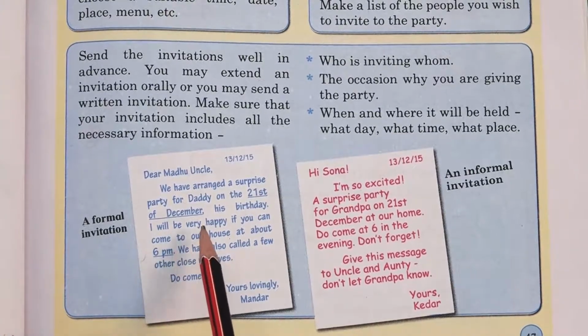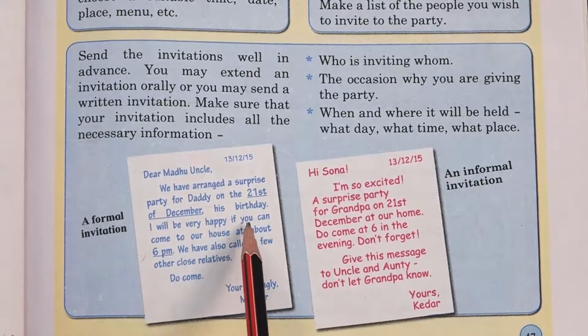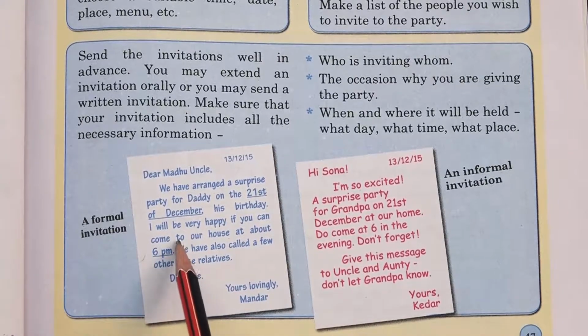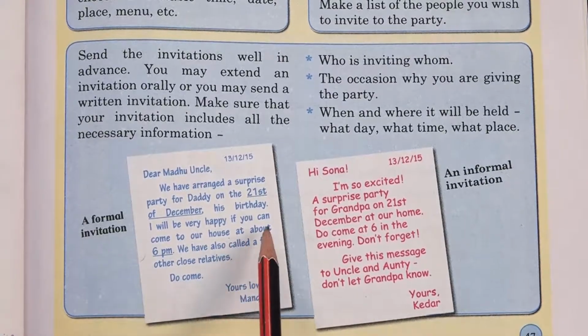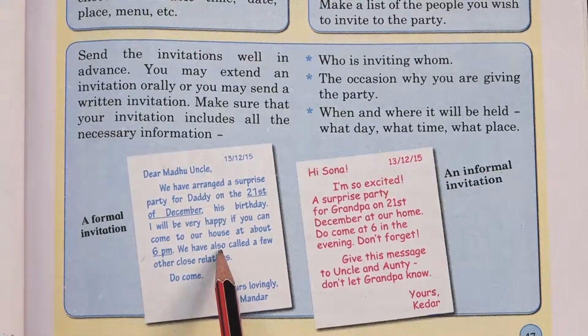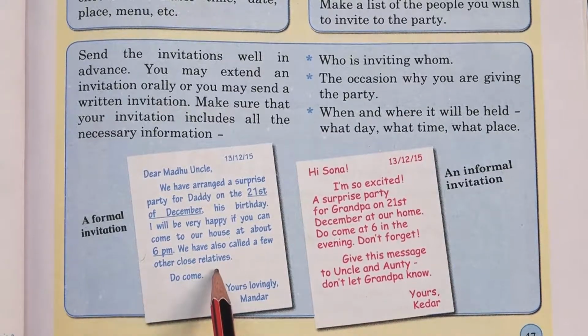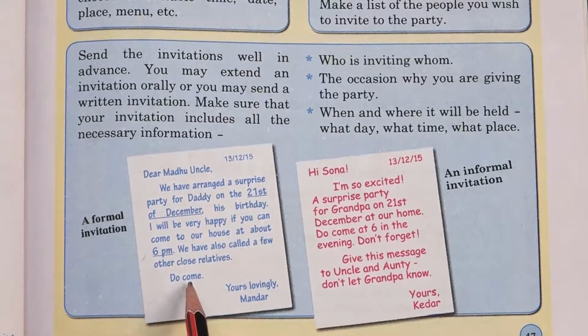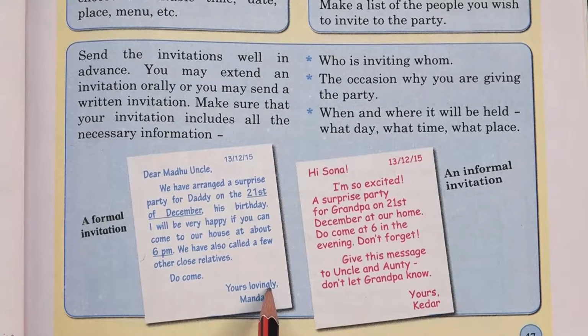I will be very happy if you can come to our house at about 6 p.m. We have also called a few other close relatives. Do come. Yours lovingly, Mandar.